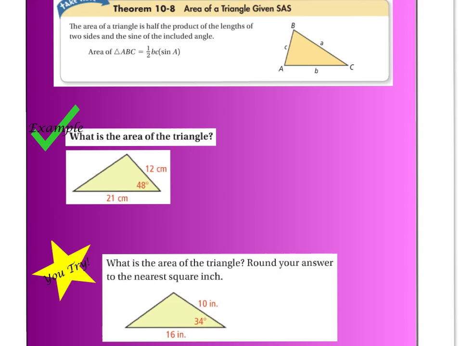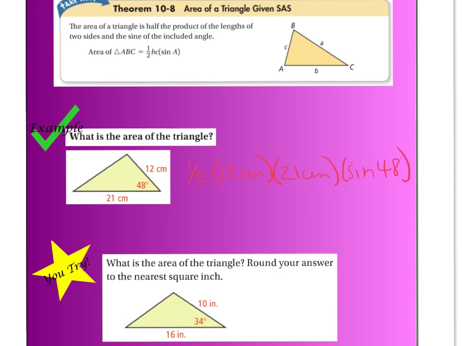I'm going to plug in 1/2 my 2 sides. My 2 sides are 12 centimeters and 21 centimeters. And then I'm going to multiply that by the sine of that angle in between them. So let's do that. 0.5 times 12 times 21 times sine 48.